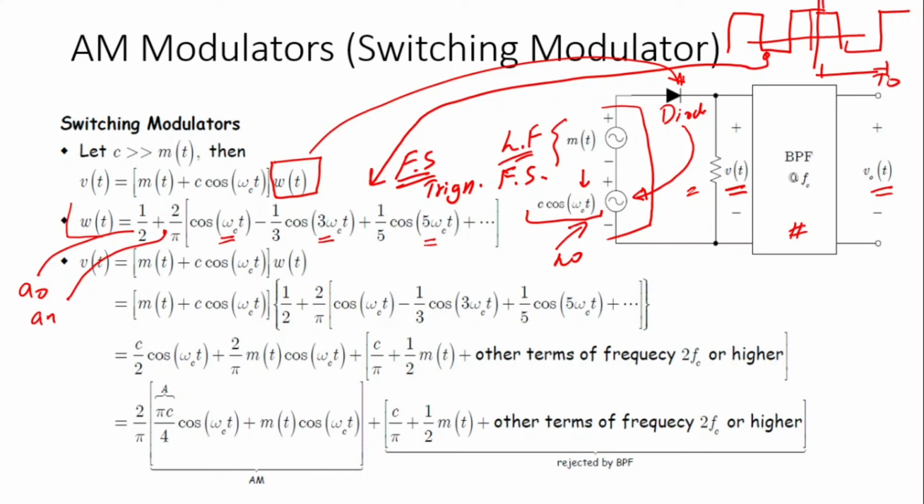Because of this even symmetry around the origin, the sine terms in this Fourier series are no more there. So you can study this further in chapter 2 of the textbook.